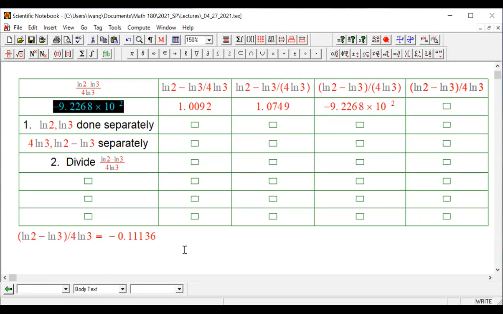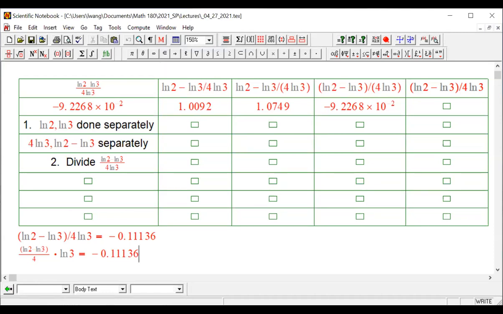Do you see that? Why? Because this part will be done properly, but the denominator won't be treated as divided by 4 times ln 3. Instead, by order of operation, this number will be divided by 4 and then multiplied by ln 3. That's what happened. Do you follow me?